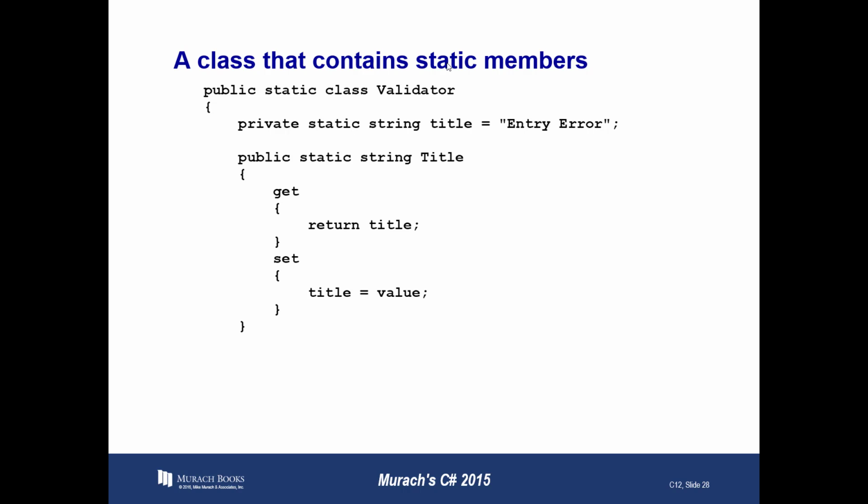But every time we clicked the button that said Make New Balloon, we had what was called a balloon counter. So if I made 6 balloons, I'd want that balloon counter to be equal to 6. So that counter was static. It didn't belong to any object. It was shared by all of the objects. And I could at any time ask for balloon.count, and it would show me how many balloons I had made.